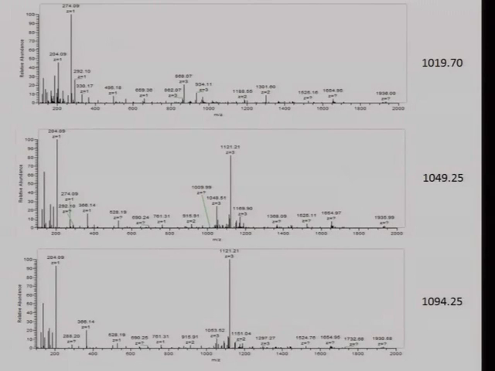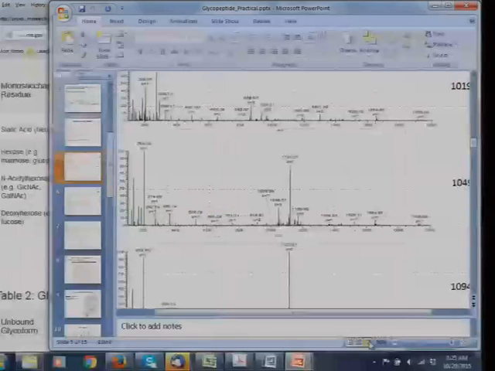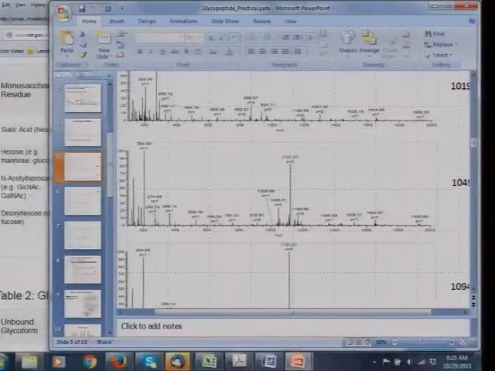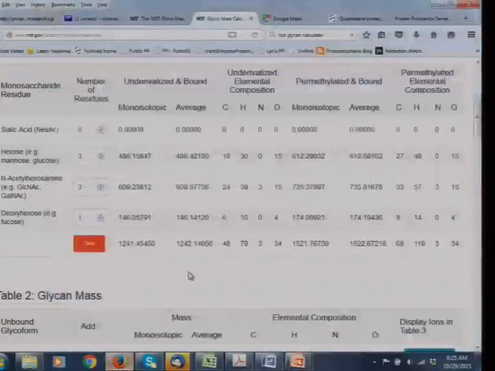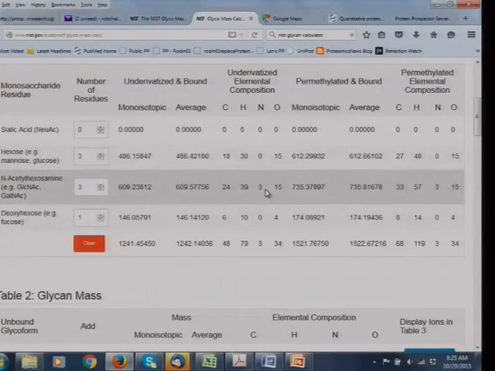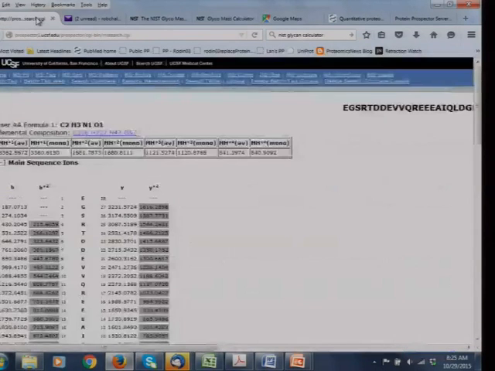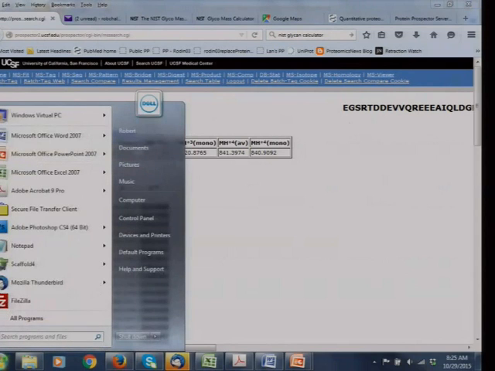So we've got this 1049.25, and we want to try and work out what the sugar composition of that is. Here's our peptide with the one HexNAc still attached. The first thing is we want to work out what 1049.25 is if it was singly charged.